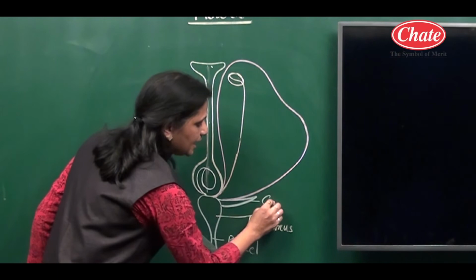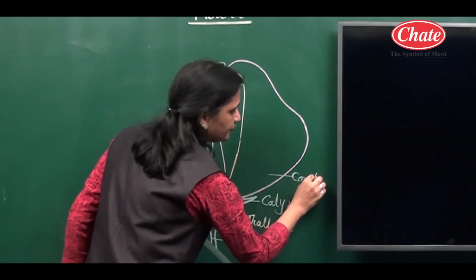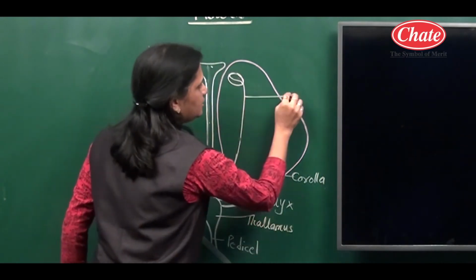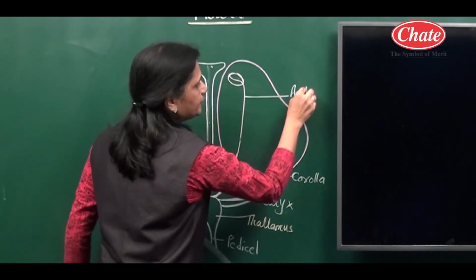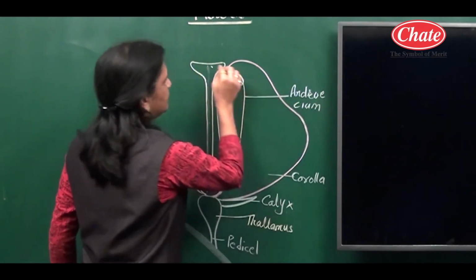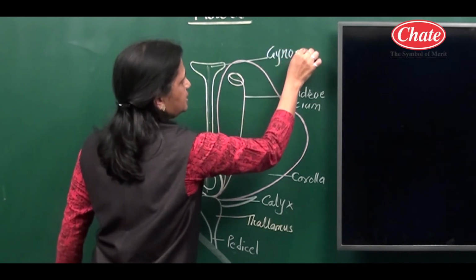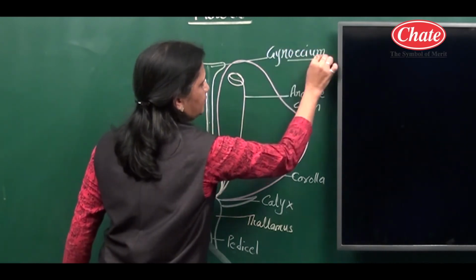This is the calyx, corolla, androecium, and gynoecium. We know that these are the four important parts of the flower.